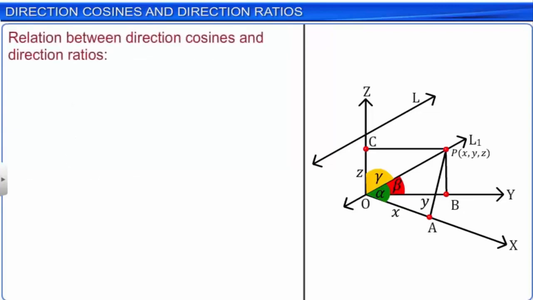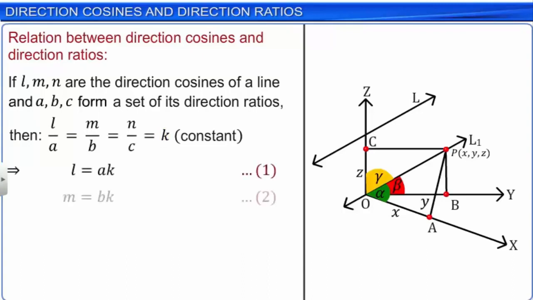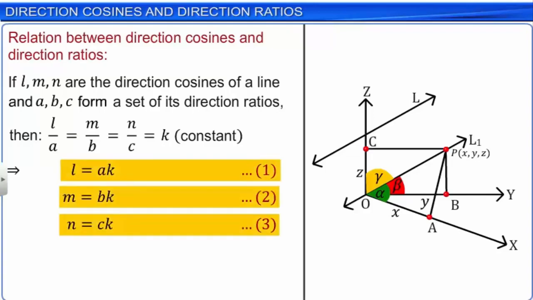Let us now derive a relation between direction cosines and direction ratios of a line. The ratio between the direction cosines of a line and its direction ratios is constant. Let this constant be k. Equating each term of the previous equation with the constant k, we get the three equations as shown.